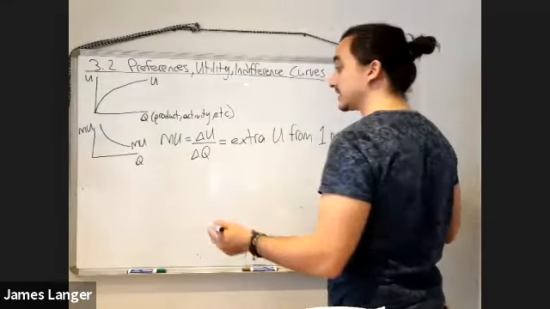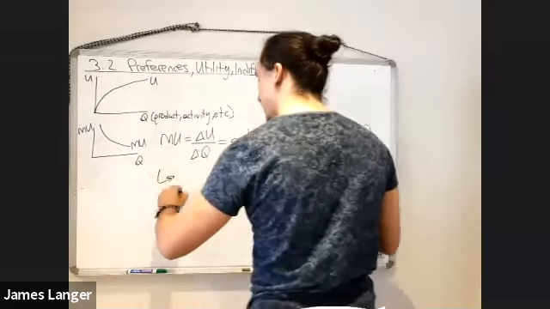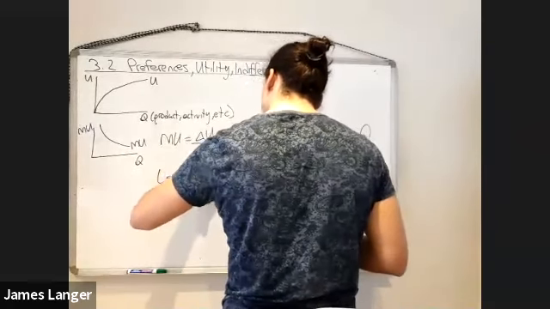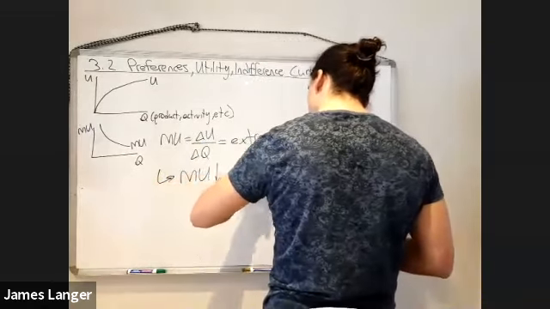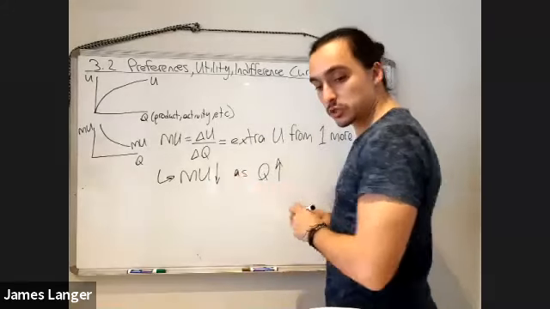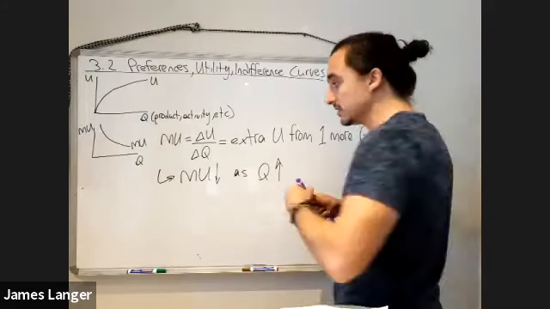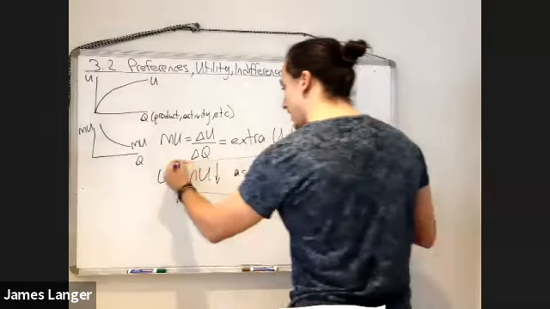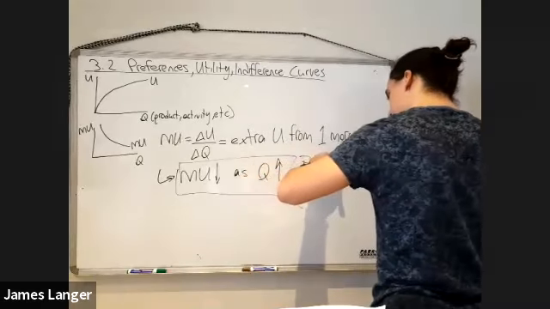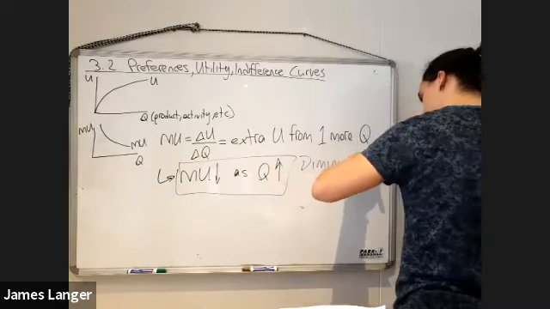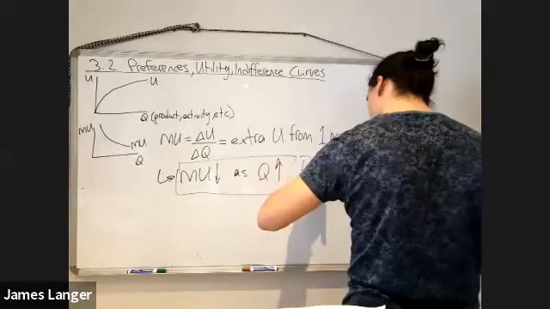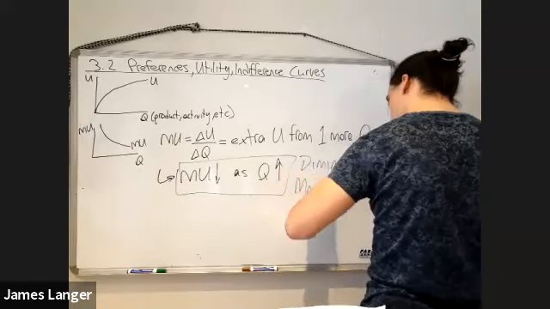Okay? So the main thing to get out of here is that marginal utility decreases as Q increases. And this is what we refer to as diminishing marginal utility.